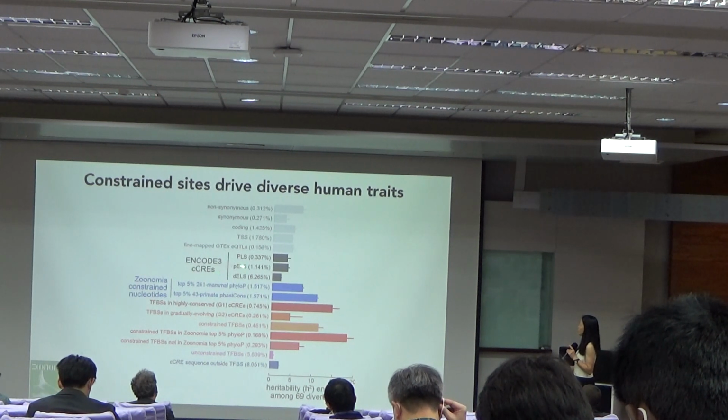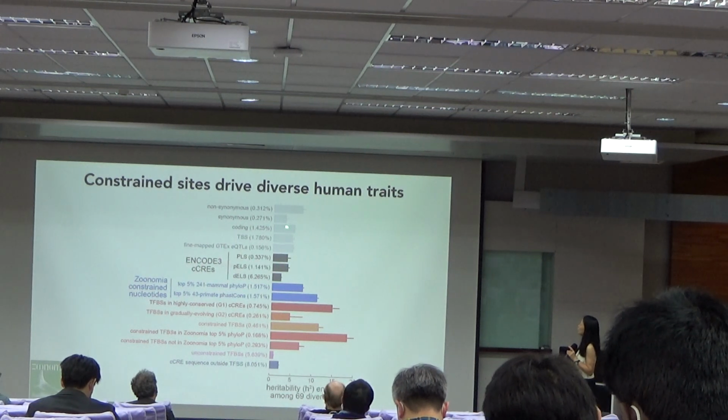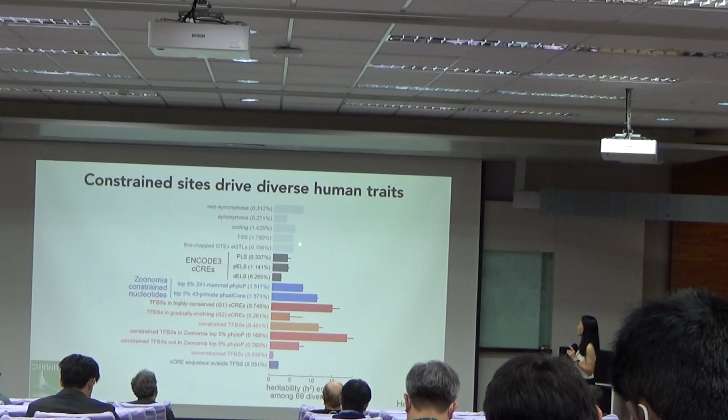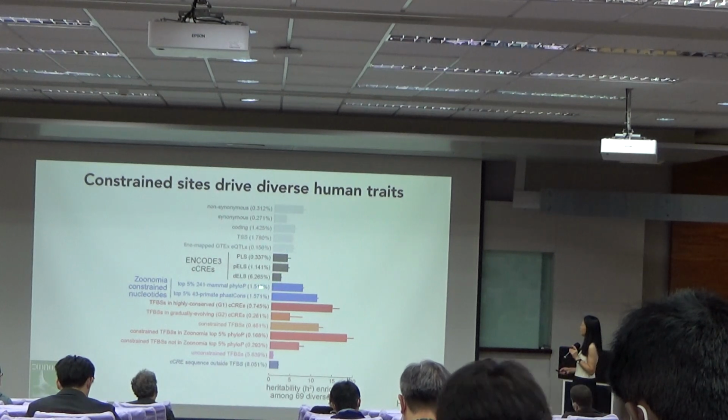Here are the ENCODE CCREs, here is where we start, and coding is here. You just need to focus on how tall the bar is. So coding, transcription start site, eQTLs, these are the ENCODE CCREs. And these are the Zoonomia constrained nucleotides. They do better than the previous annotations.